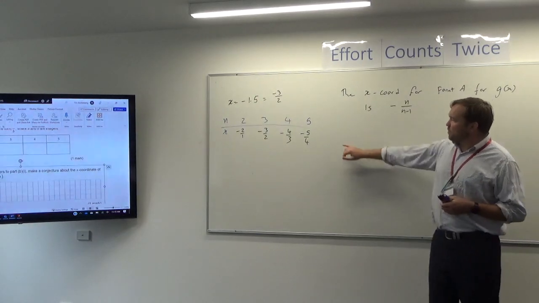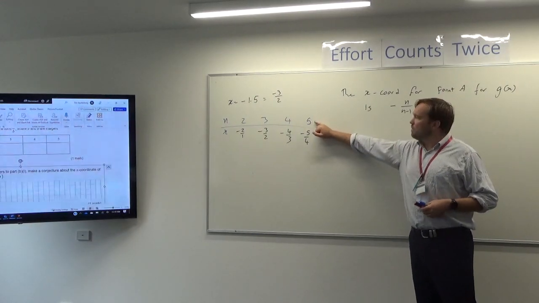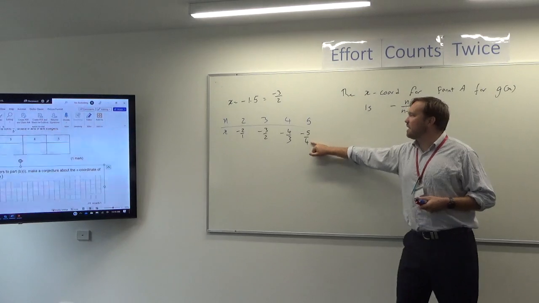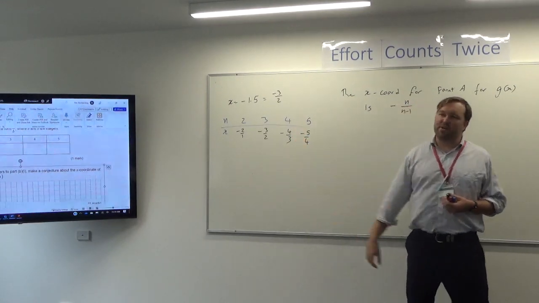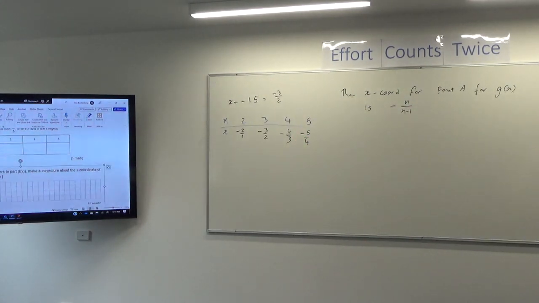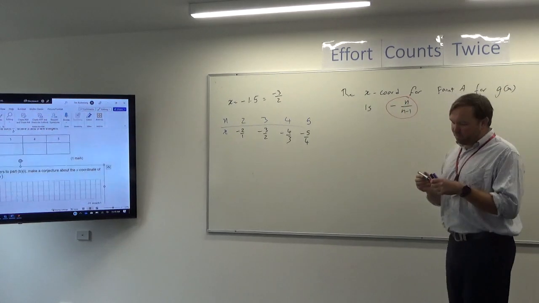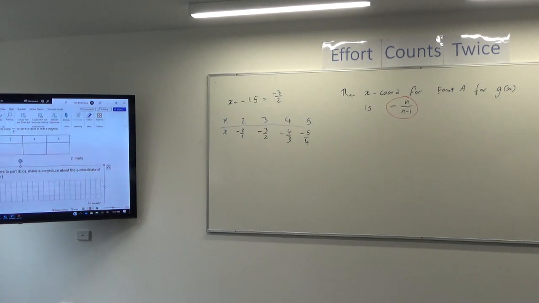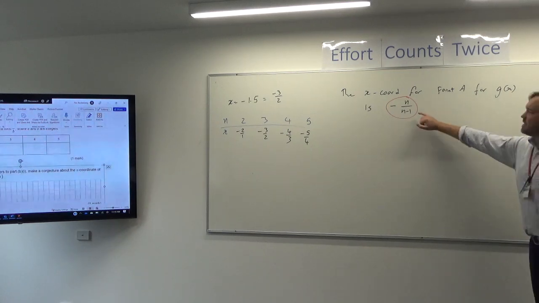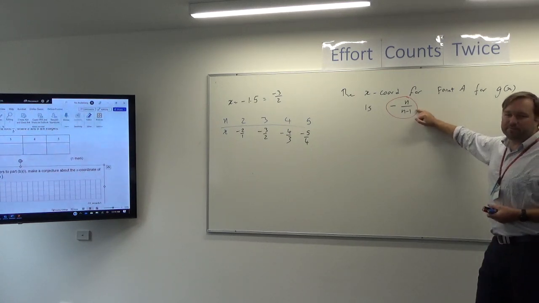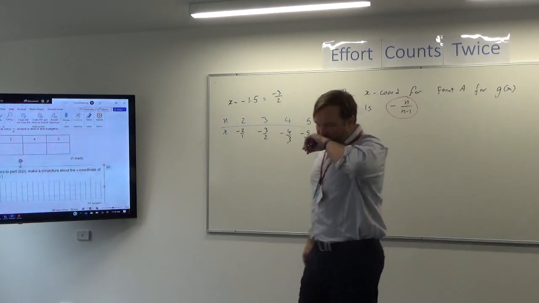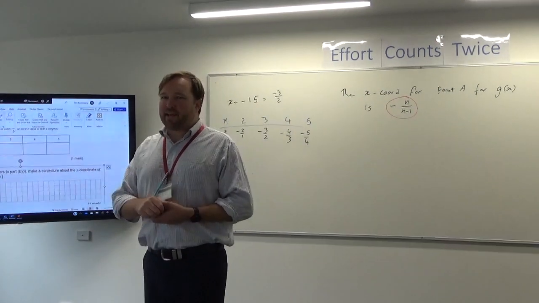You see how this is the n value, that's the n value and 1 less than the n value, all the way through for the table. They're really hunting for this statement for the mark, but I would wrap it in a sentence just to be nice and clear. So you're looking for this as the x-coordinate of the turning point. Is that making some sort of sense?